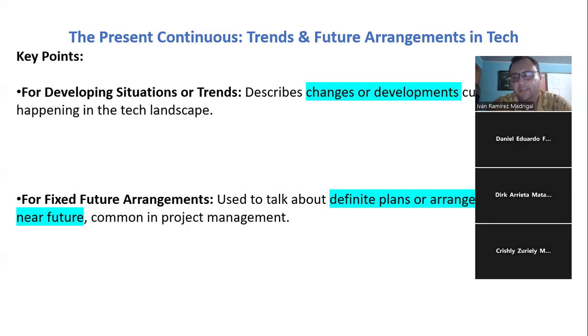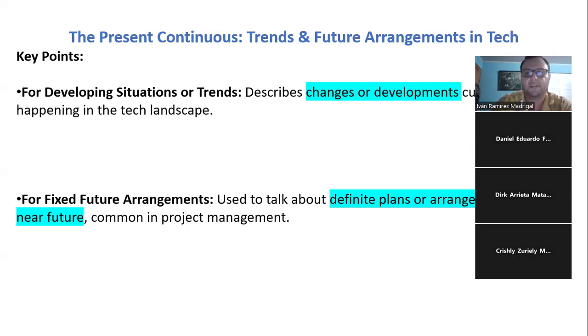You accepted to run the software update. You gave it an hour this afternoon to run. So it is not running right now, it's the morning, but it is going to be running in the afternoon, and this is because you programmed it to be. You have a definite plan or a definite arrangement for it to run in the afternoon.